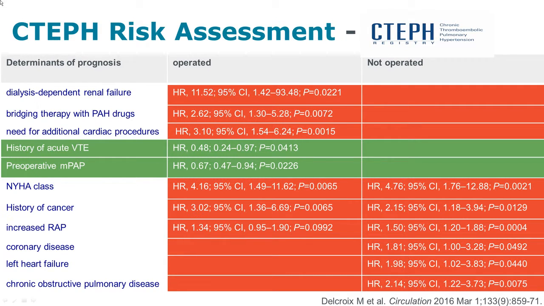And there are other factors that worsen the outcome: dialysis-dependent renal failure, any bridging with PAH drugs, need for additional cardiac procedures, the NYHA class, of course, and history of cancer increases the risk for death. Also increased right atrial pressure, coronary and left heart failure, and chronic obstructive disease. So we have to bring that in as core, I think, to aid in the correct decision-making within the 3 treatment options that we have today.